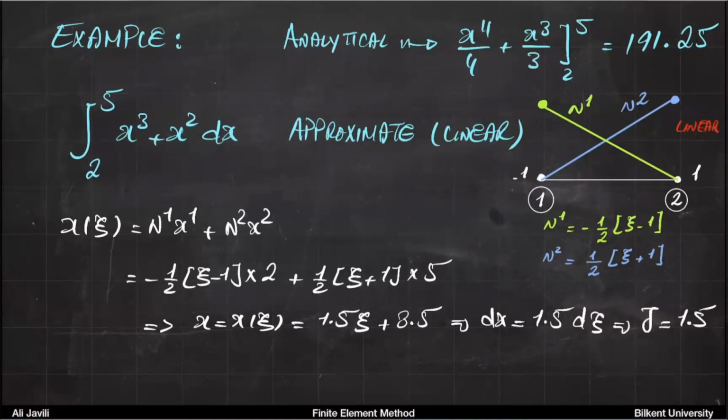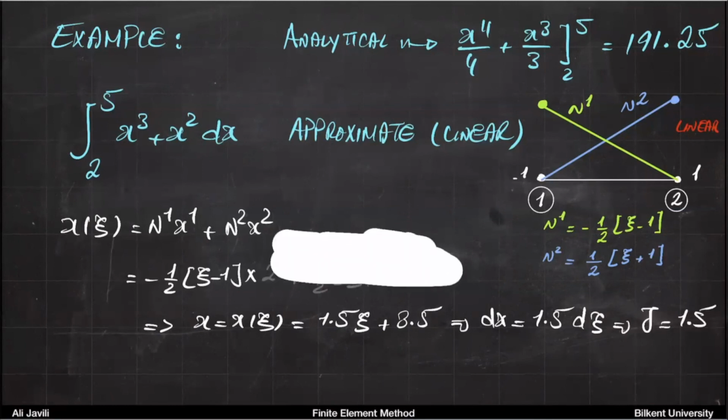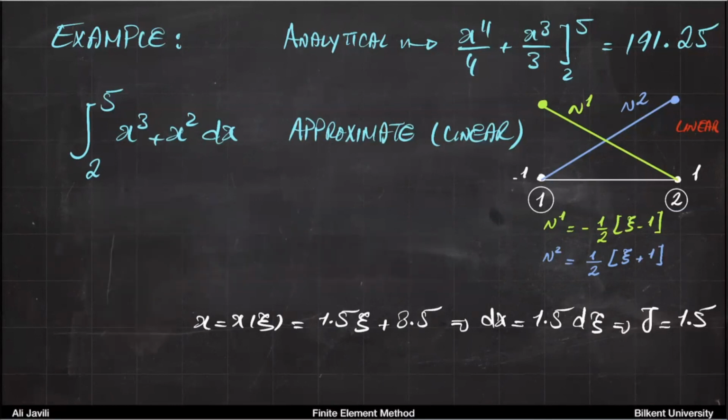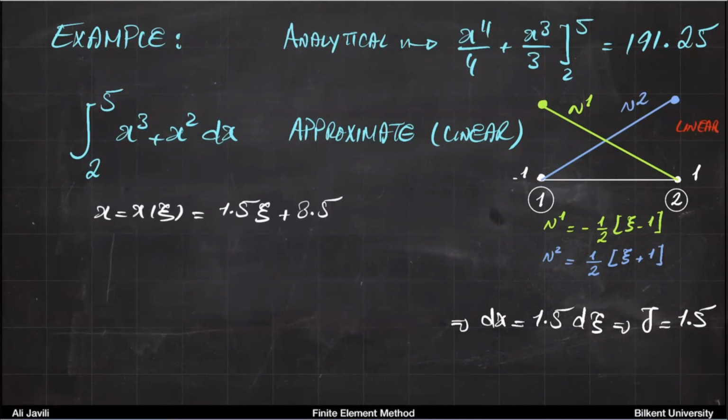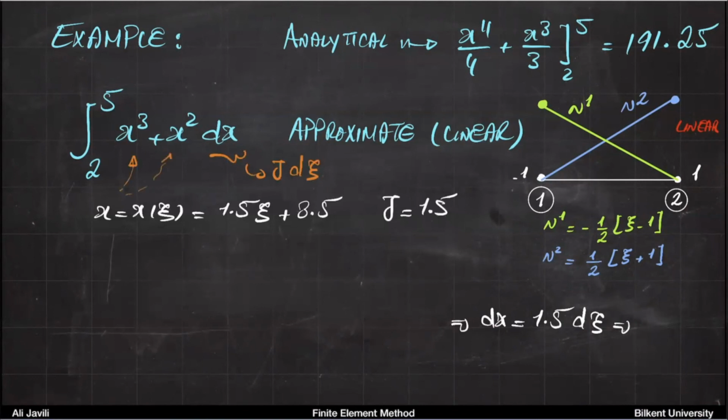So all you have to do is, again, the same thing. Now that we know this is the x, let's include this x into that integral and also include J. So this would be J dc, and then here you replace the x by the function you have.